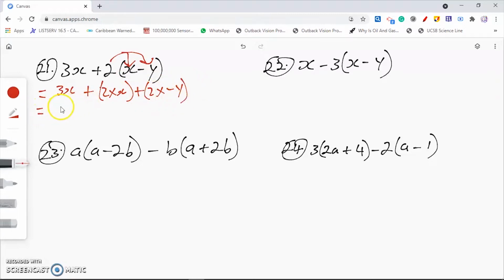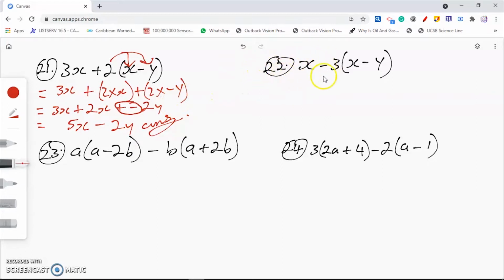And then our next step, we will have 3x plus 2 times x is 2x, plus 2 times negative y, that's negative 2y. We have to simplify this. So 3x plus 2x is 5x. So 5x minus 2y, and that's our answer there.